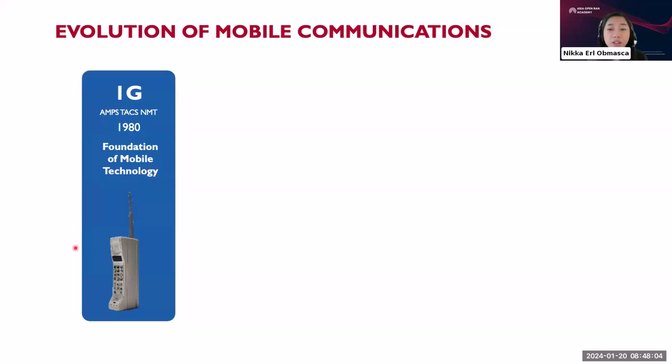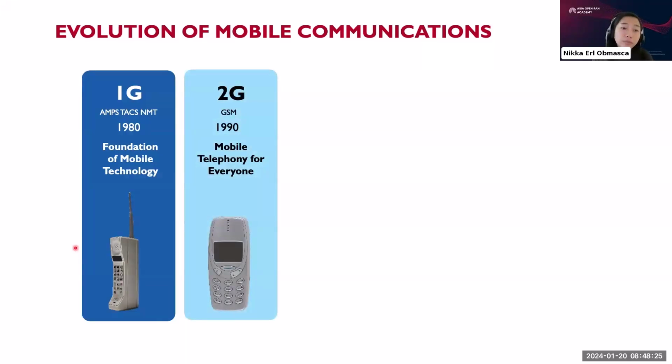But despite all of that, this first generation of mobile telephone led to a lot of upgrades and developments in the mobile communication industry nowadays. That really begins the move to the second generation of mobile communication.